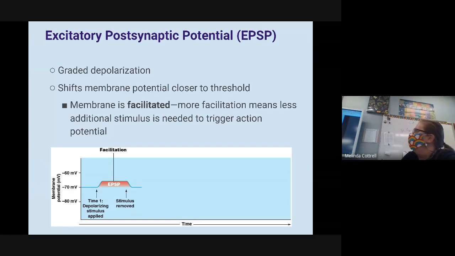So this is a graded depolarization. Remember, depolarization is when you have a change in the membrane potential, it actually rises, becomes more positive. It's closer to threshold. So that threshold, remember, with the action potential, is that all or nothing point where the impulse is propagated. If it doesn't reach that threshold, then the action potential stays local.